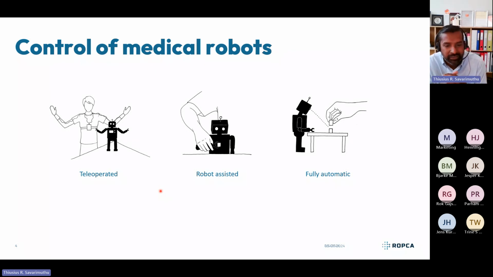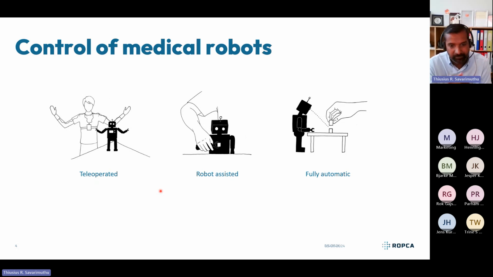So these are robots that are remote controlled by human beings, typically doctors, and robots that basically in essence mimic or reproduce the same motions as the doctors when they execute the task.